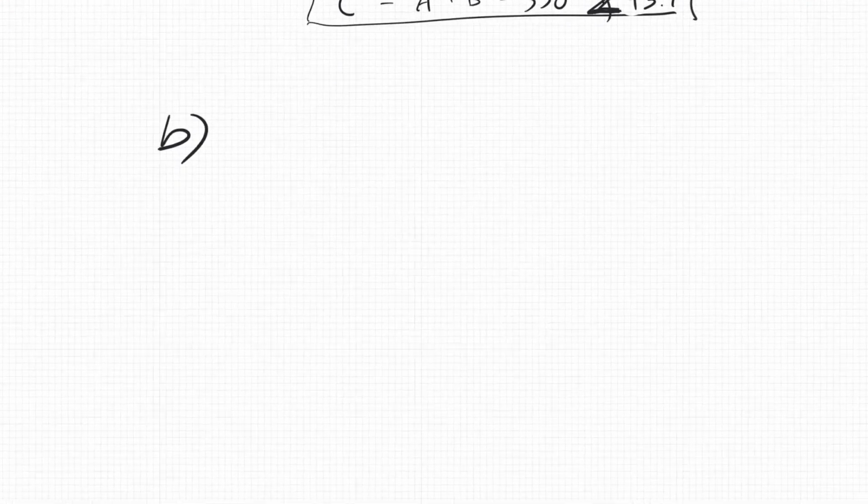Okay, and for B, what's nice is we can kind of do this. Oh no, it slipped. Okay, oh man, well, it's not very good use of a straight edge.